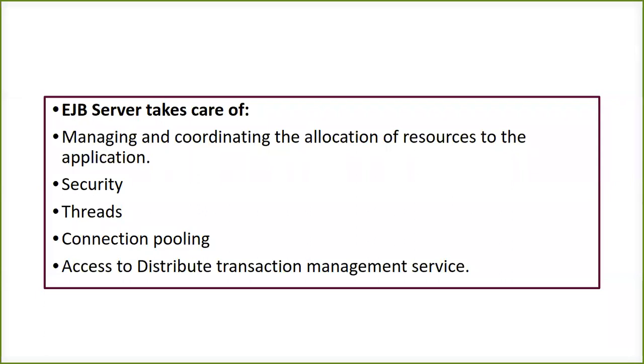It also provides access to the distributed transaction management service. That means if the application is being accessed in a distributed manner by many clients, then transaction management should be there for the application which we deploy into the EJB server.